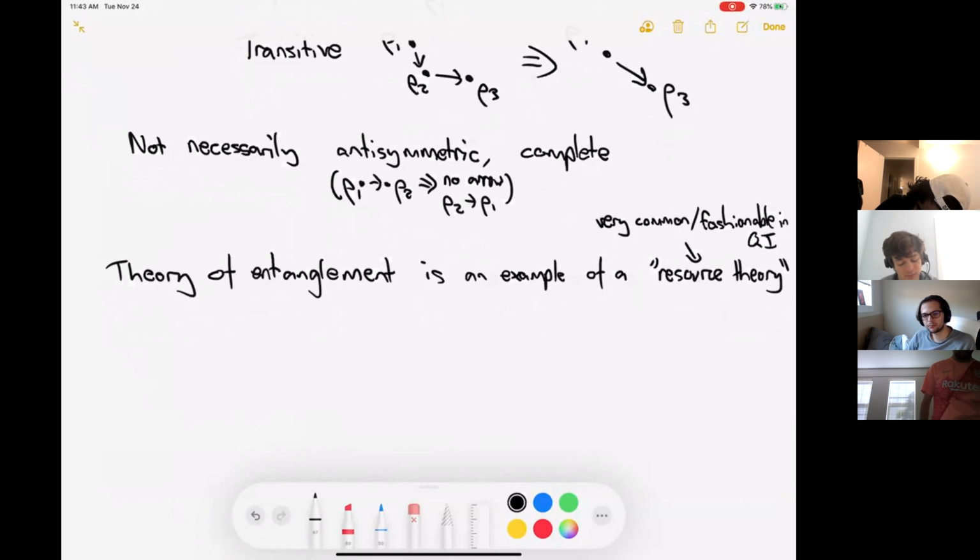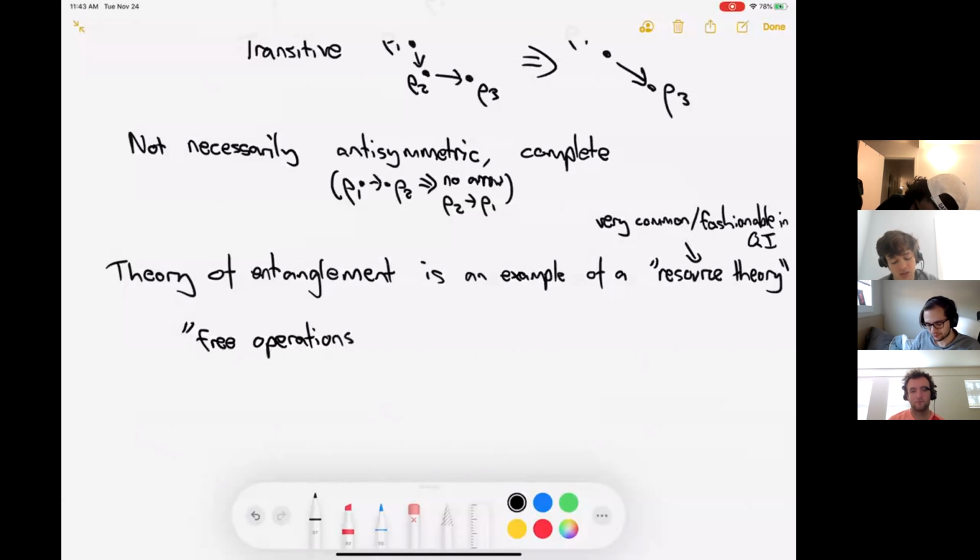Well, the first thing that we define is some set of what's called free operations. These are operations that you assume can be done very, very easily, and that you don't require any resource in order to do.